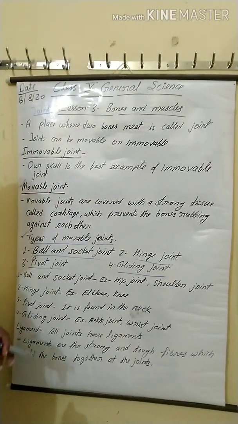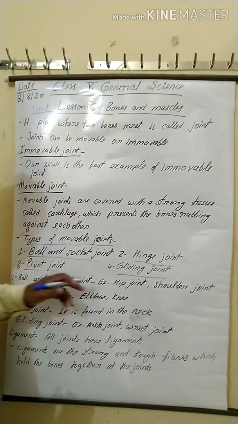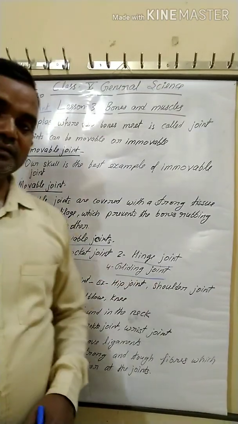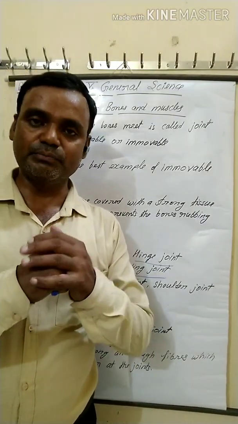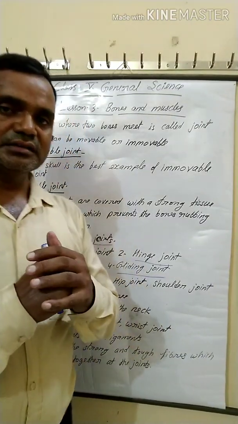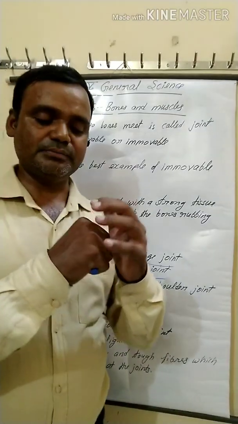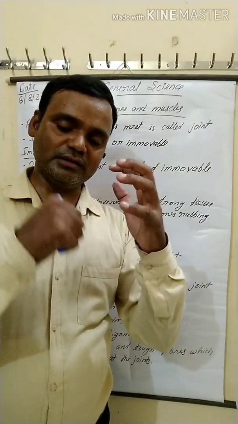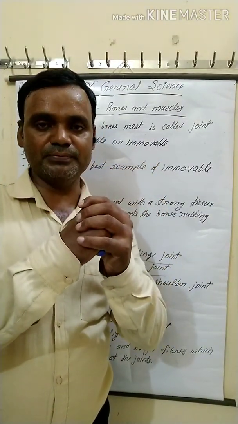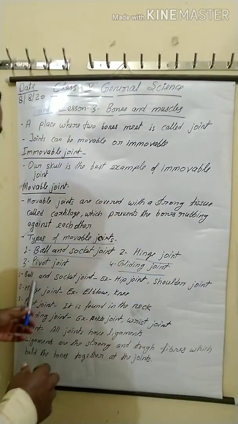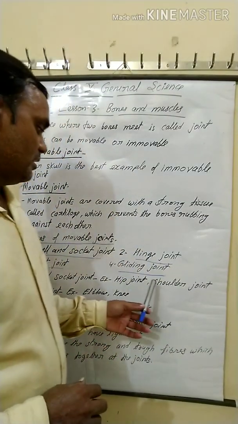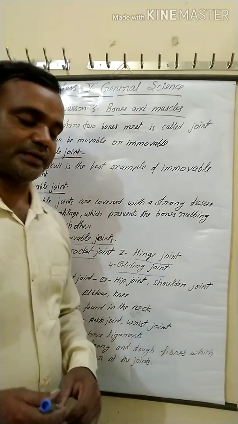Ball and socket joints are found in the hip and shoulder. One end is ball shaped and the other is like a socket. This is a socket and this is a ball. This type is called a ball and socket joint, found in the hip and also in the shoulder joint.